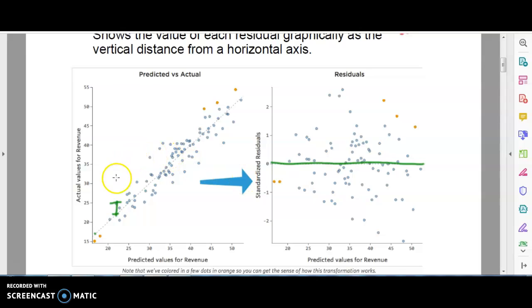All of the ones that are above the line of best fit would be above our green horizontal, and all of the points below the line of best fit would be represented by points below the green horizontal. How far below or above the green horizontal depends on how far above or below the points are from the line of best fit. So we have a regular scatter plot on the left side, and we see it transformed into our residual plot on the right side.